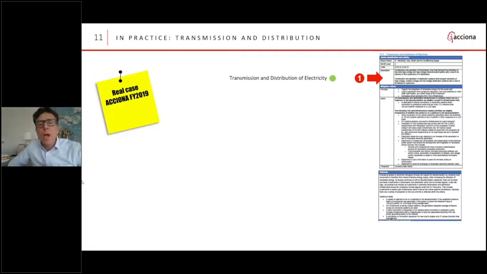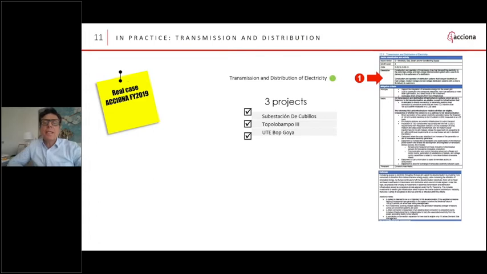Yes. We have 3 projects in these 3 years: 2 in Spain, Subestación de Cubillos and another in Zaragoza, Bob Goya, and 1 in Mexico, Topolobampo 3. Okay, are these projects distributing energy? Yes, all 3.